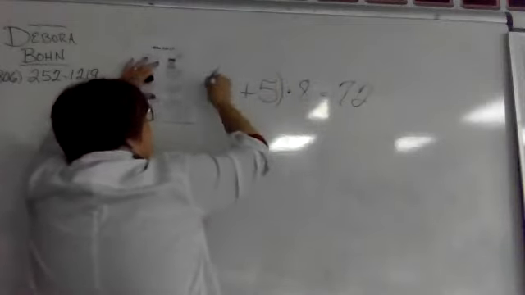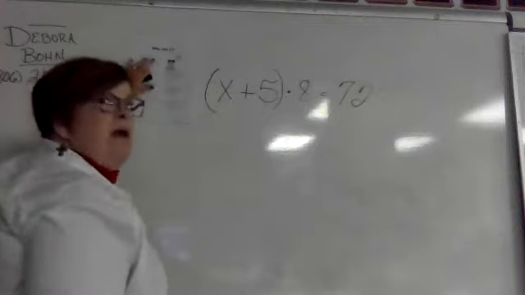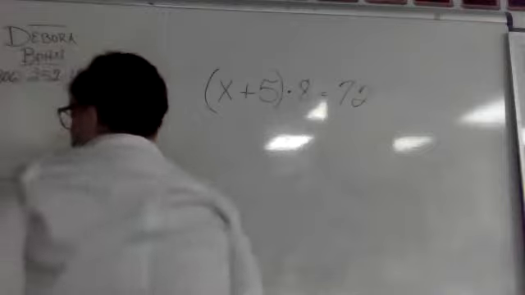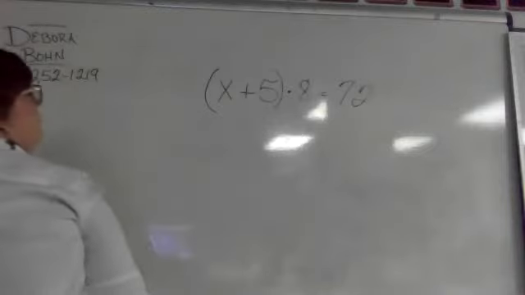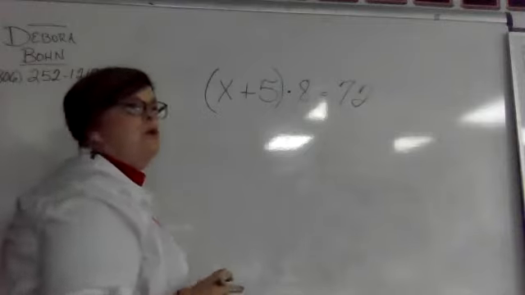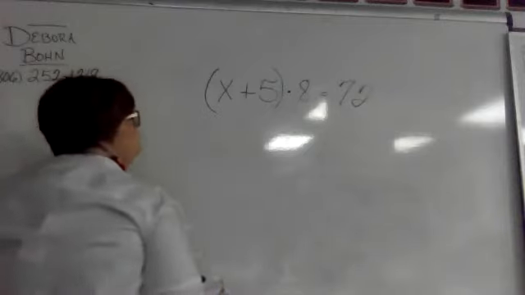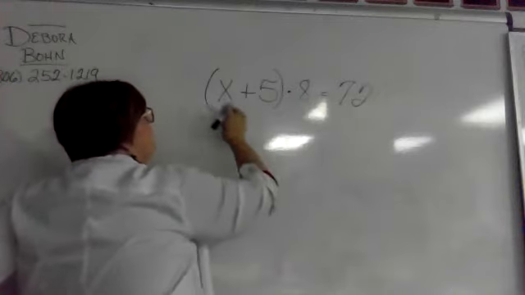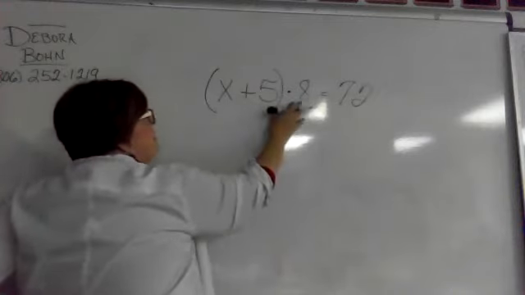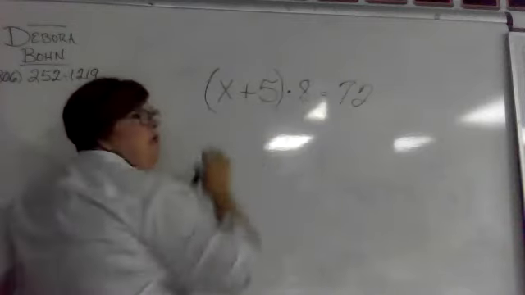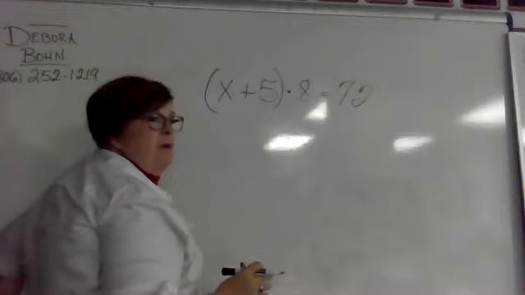I'm going to multiply the set by 8. Now there's 2 ways to do this. I'm only going to show you the one way right now because I want you to use the distributive property. If a number is outside of a parentheses and it's multiplied to that set of parentheses, then we use the distributive property.